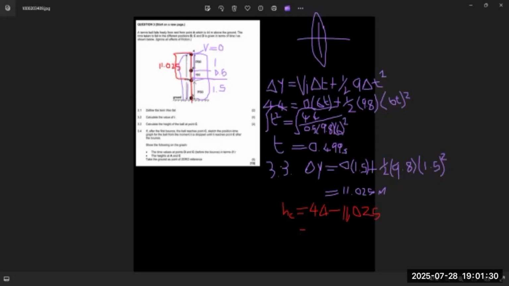Now, as I said, the value should be less than 44. So we subtract it from 44, which is what we know.